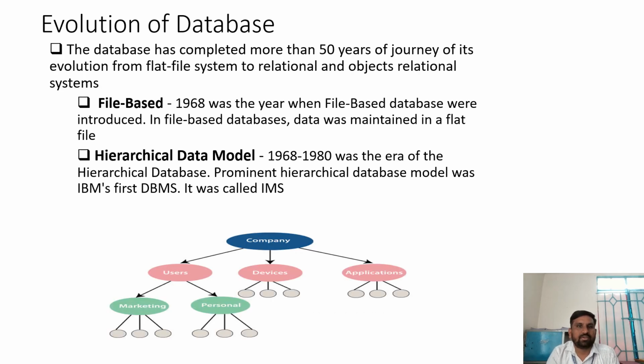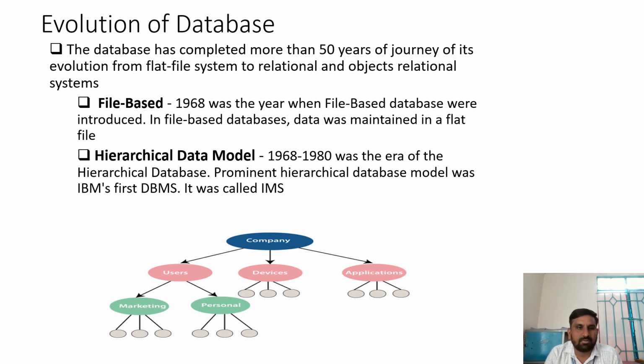Next one, evolution of database. The database has completed more than 50 years of journey of its evolution from flat file system to relational and object relational systems. First one, file based. 1968 was the year when file-based databases were introduced. In file-based databases, data was maintained in a flat file. Next, hierarchical data model. 1968 to 1980 was the era of the hierarchical database.